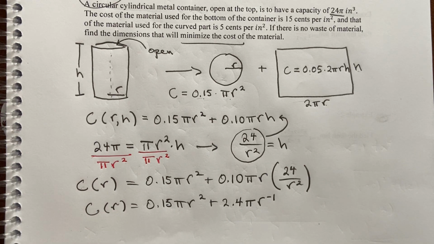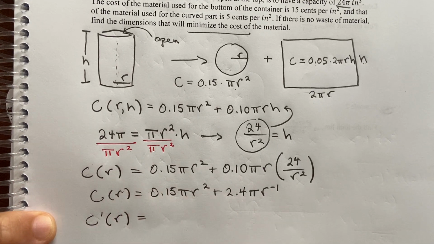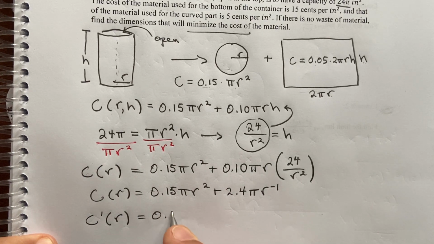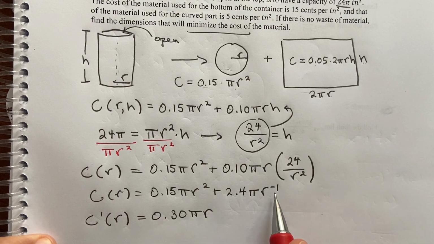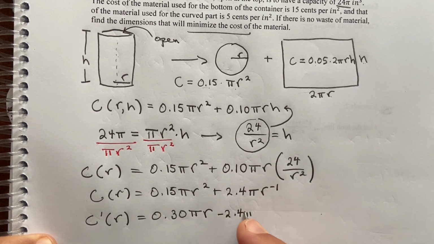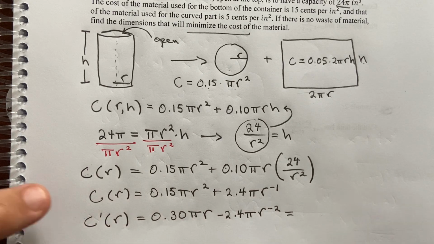Once you have your function that you're interested in optimizing, in this case we're trying to minimize, then take its derivative. So C prime of r, taking this with respect to r, power rule, multiply down the 2, I get 0.30 pi r. Power rule again, multiply down by negative 1, I get minus 2.4 pi r raised to the negative 2. I will factor this.